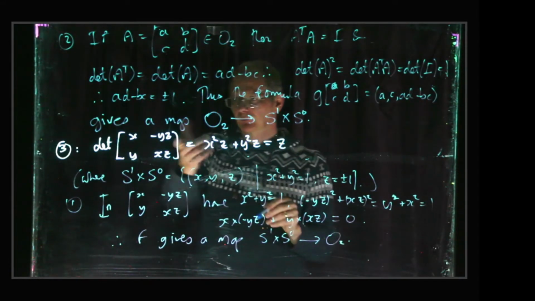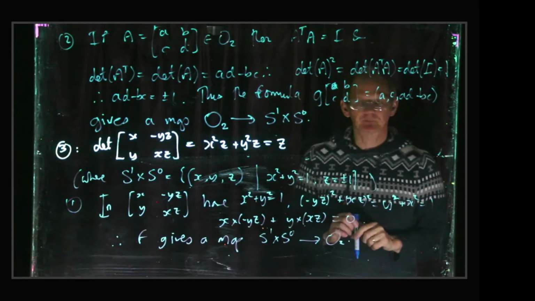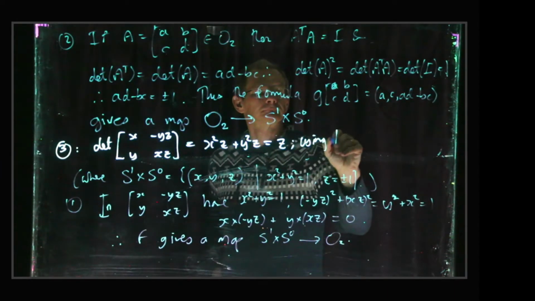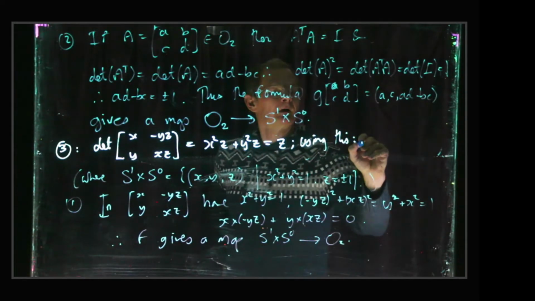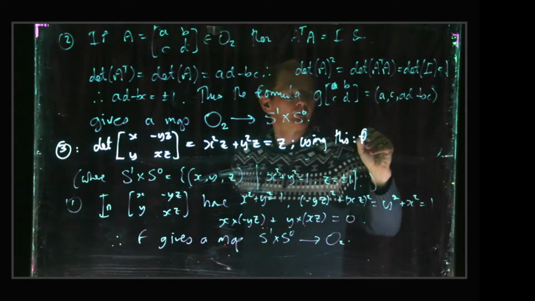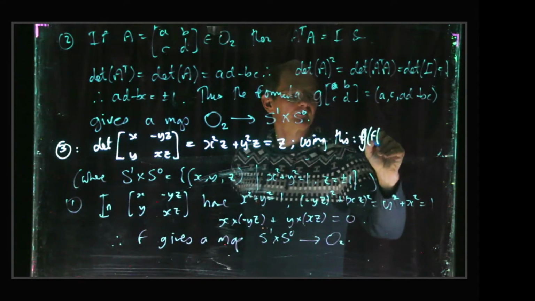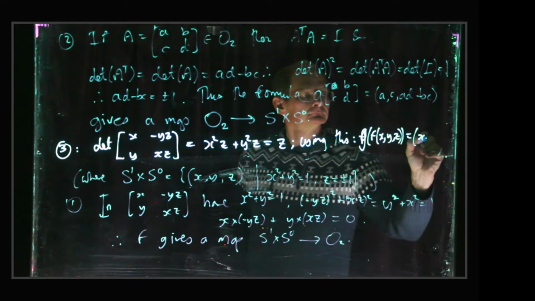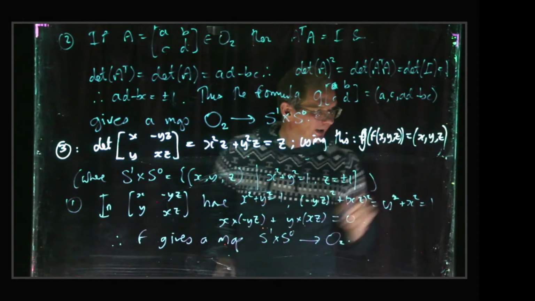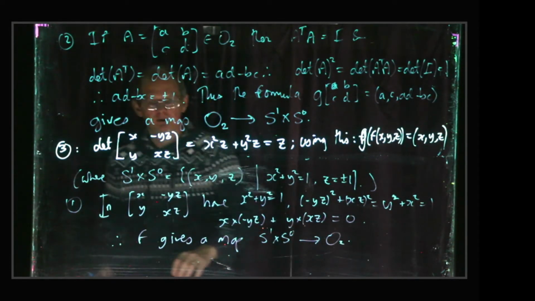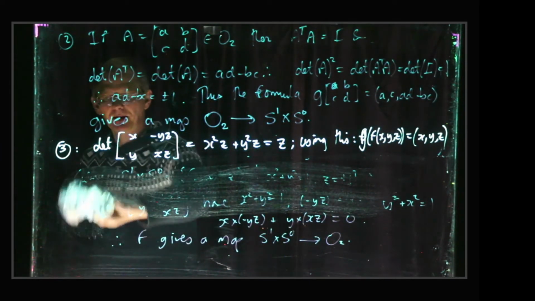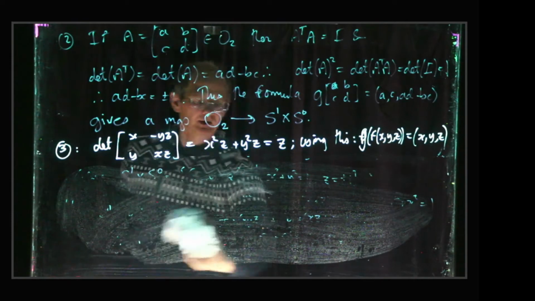But x squared plus y squared is equal to 1, so that's just equal to z. Using this, we see that if we take g of f of x, y, z, you just get your x, y, z back. So that's one of the composites being the relevant identity map, and we just need to check it the other way around as well.